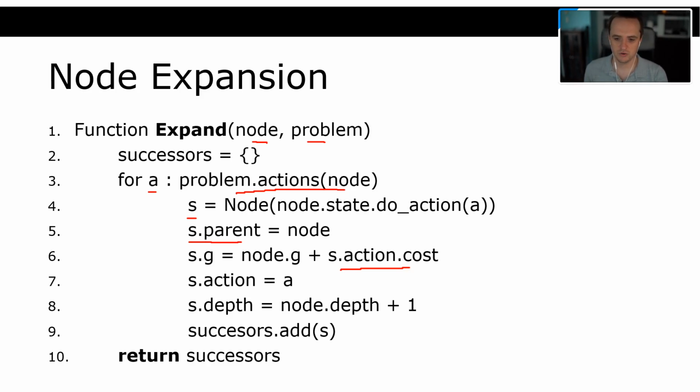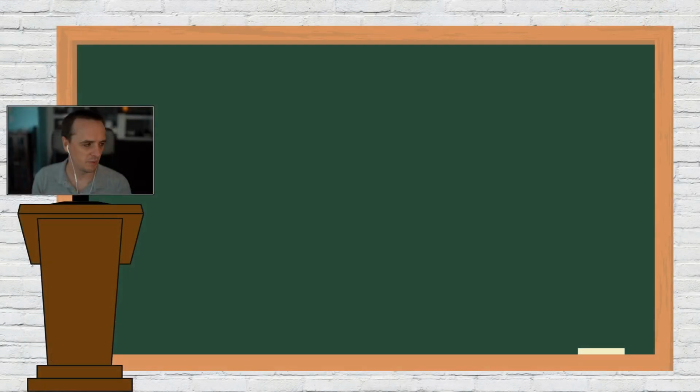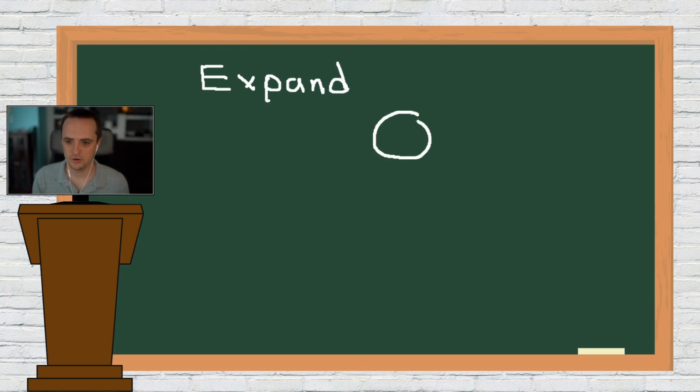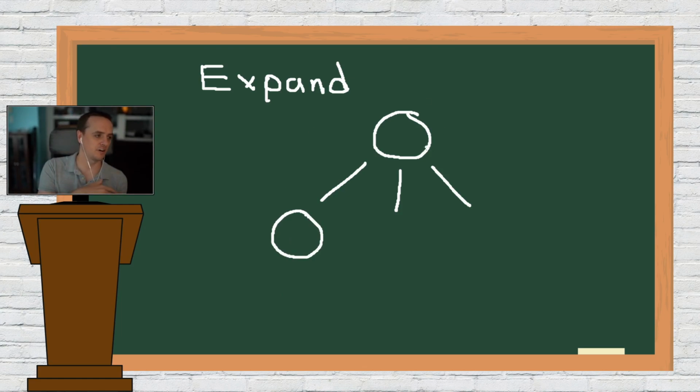So let me go over here for a second. I've got my blackboard, all right? So again, this is the process of expanding. All right, so we've got a node. And essentially what that whole algorithm said was that for every legal action from this node, we generate a new node, right, with the new state, and we add it to the successor list, and then we return that successor list.